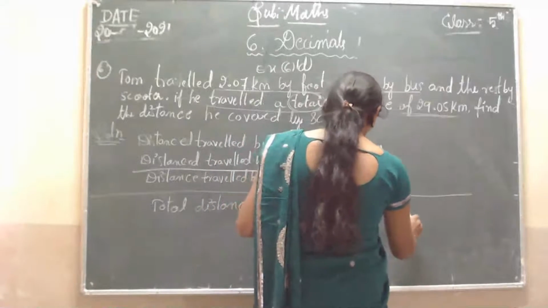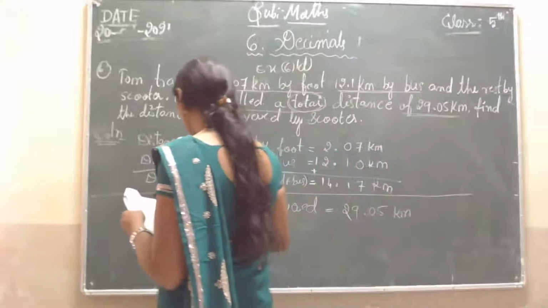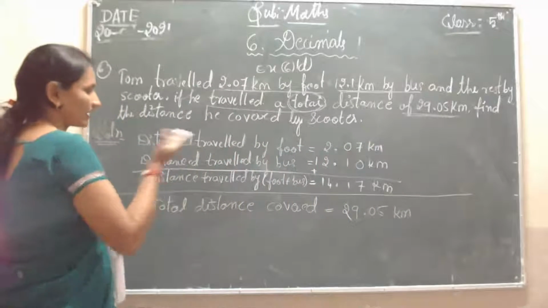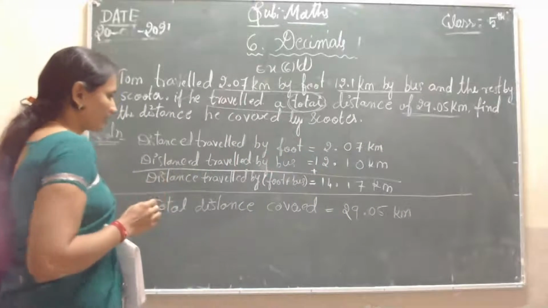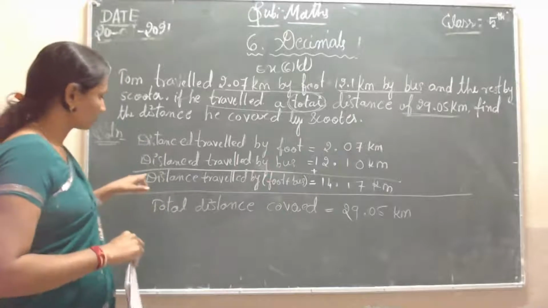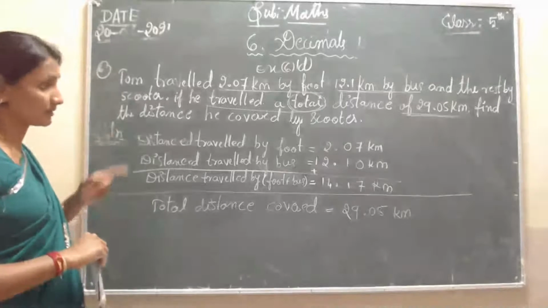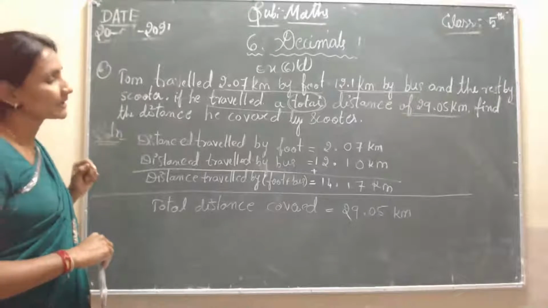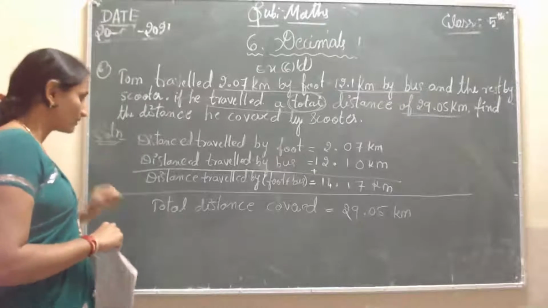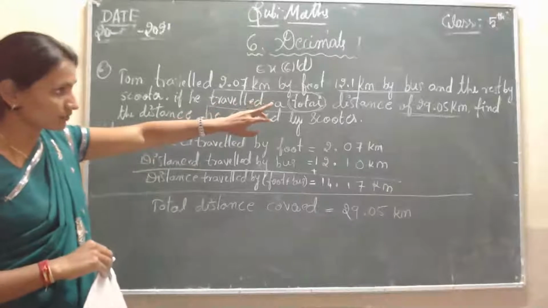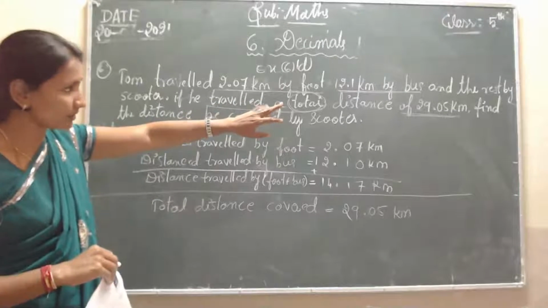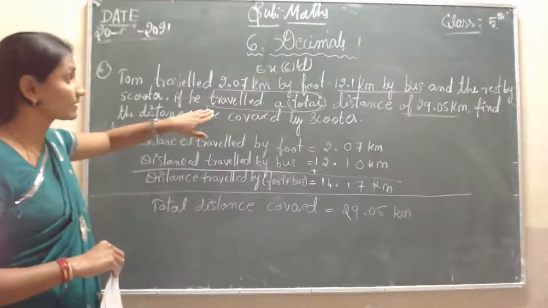So next, the distance traveled by bus and foot, already you have to find that. What is the total travel distance on foot and bus? 14.17 kilometer. So next sentence, the distance of 29.05 kilometer. Find the distance he covered by scooter.